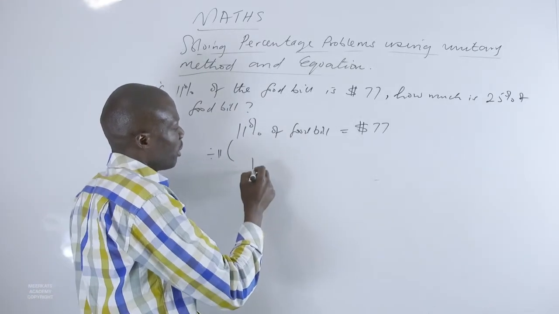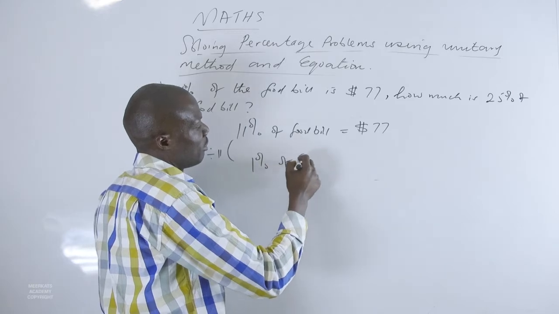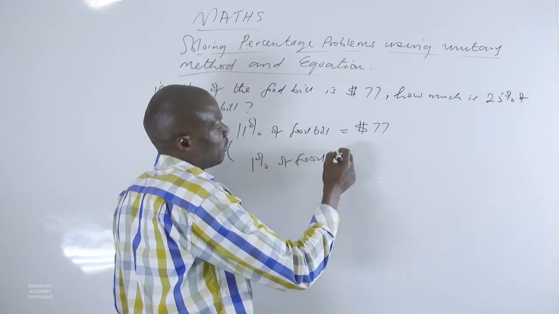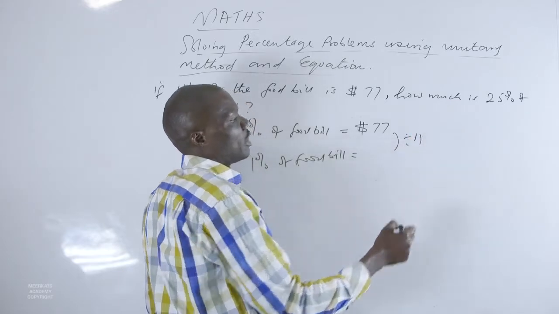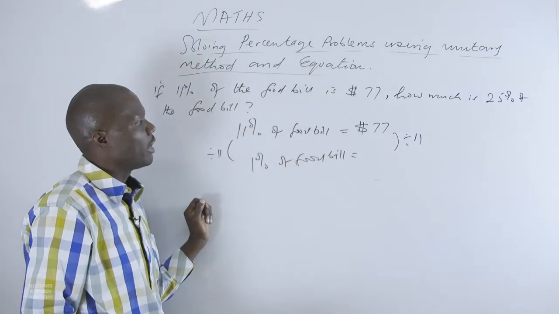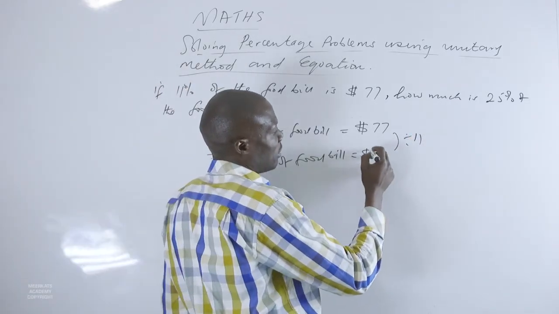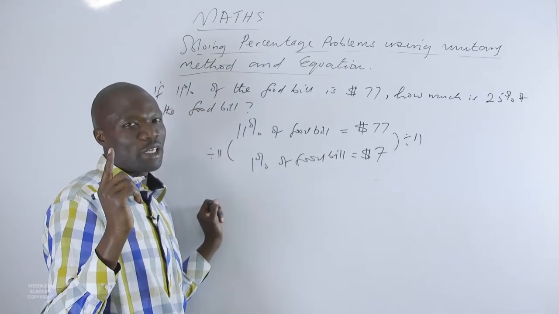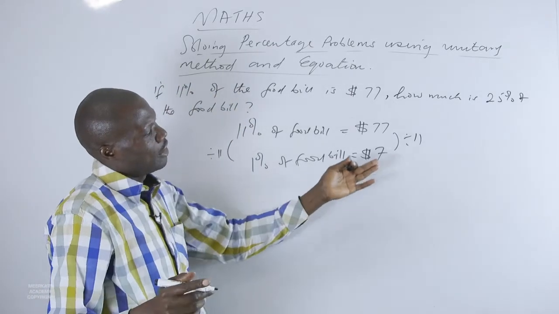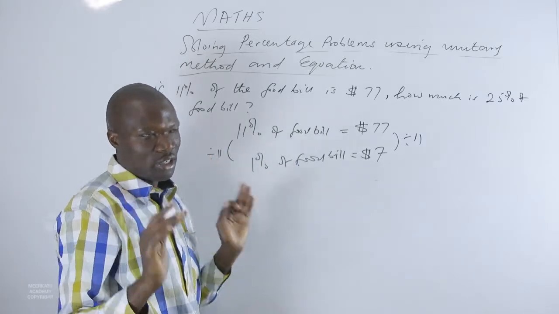We find that 1% of the food bill is equivalent to 77 divided by 11, and the answer is $7. Therefore, 1% is equivalent to $7.